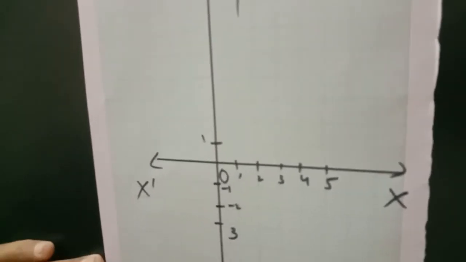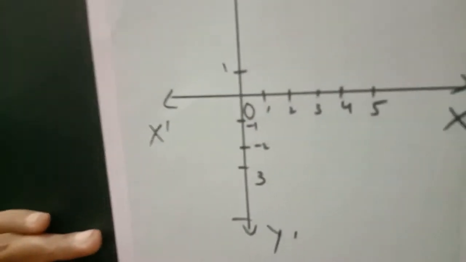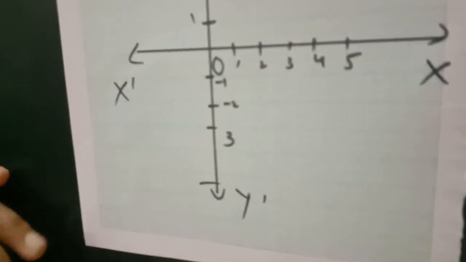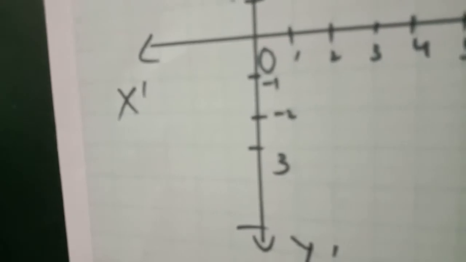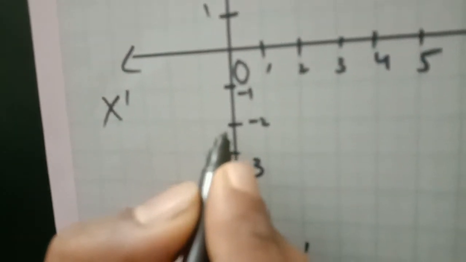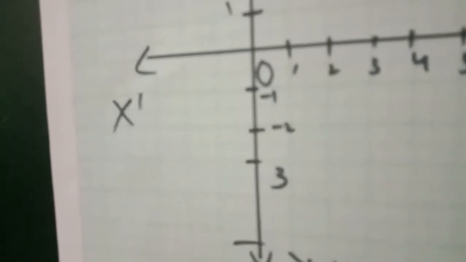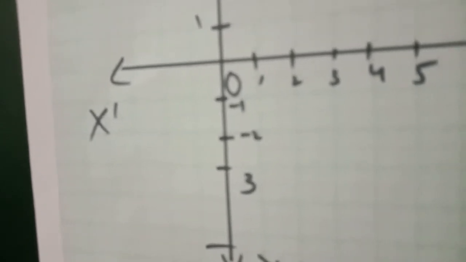Now we can check the points there. For the first equation, what we got? Our coordinate was 0, -2.5. X coordinate is 0 and y coordinate is -2.5. Here we have -2. So -2.5 will be between -2 and -3 in the middle. So in the graph it is easy to plot.